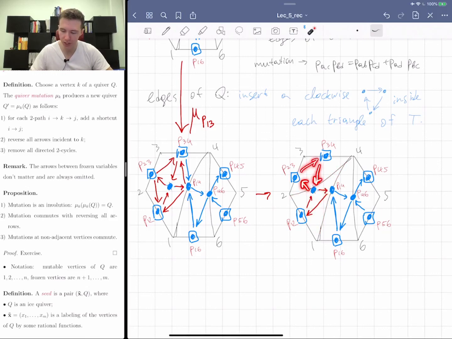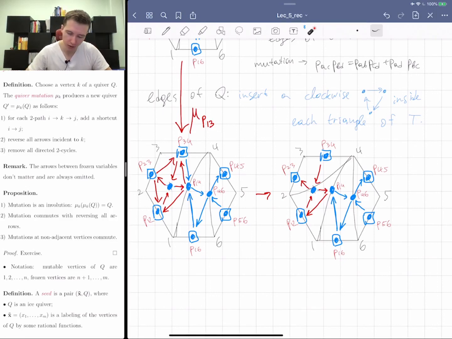So this rule of assigning clockwise triangles to each triangle of my triangulation, when you apply a flip, you get another quiver which corresponds to the flipped triangulation by the same rule.